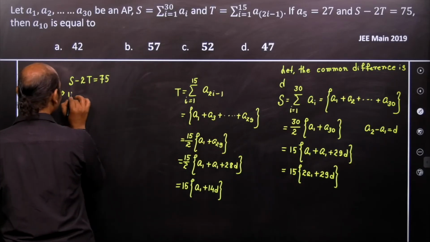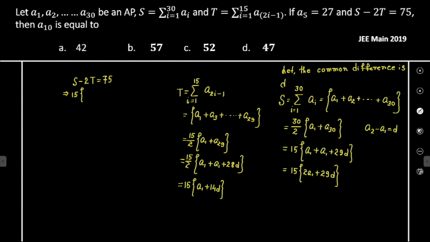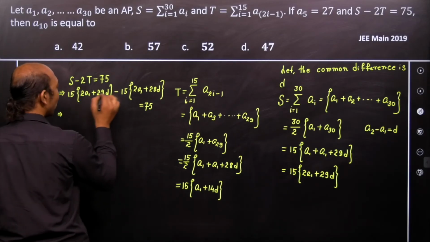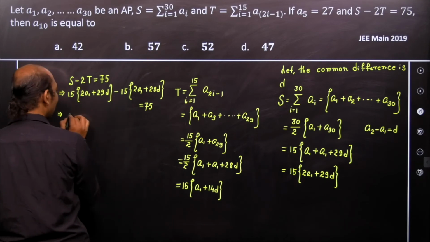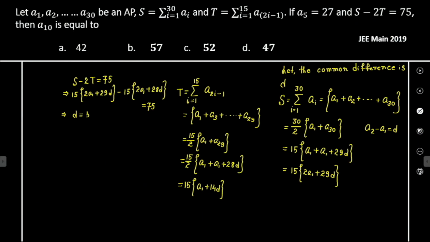We can write 15 multiplied by 2A1 plus 29D, minus 15 times 2A1 plus 28D, and that difference gives you 75. If I subtract that, 2A1 gets cancelled, 29D minus 28D gives you D, and that is equal to 5. So that's the common difference we calculated.